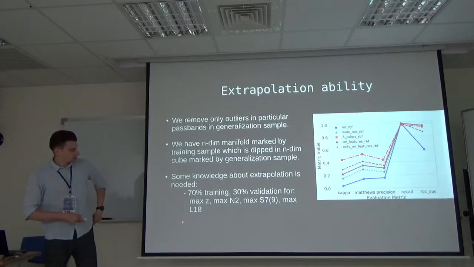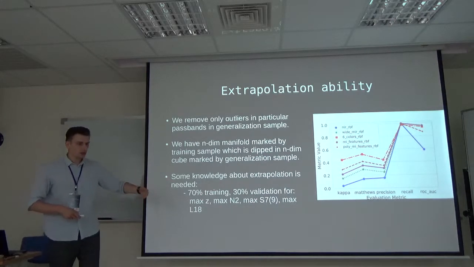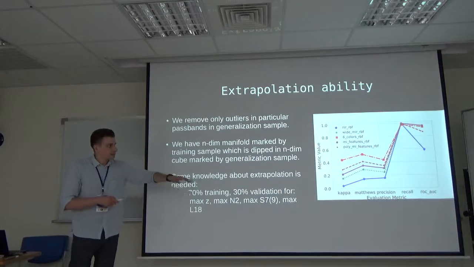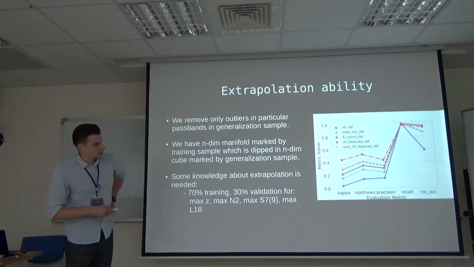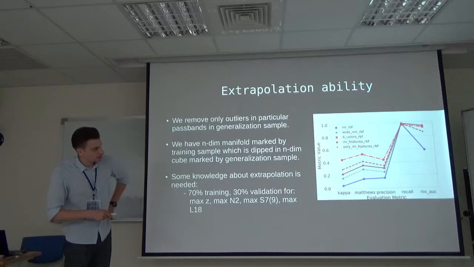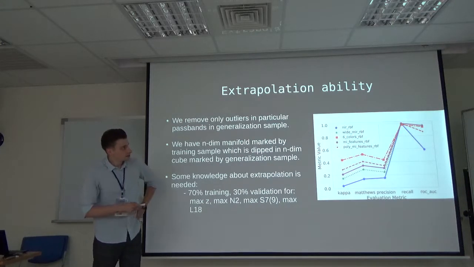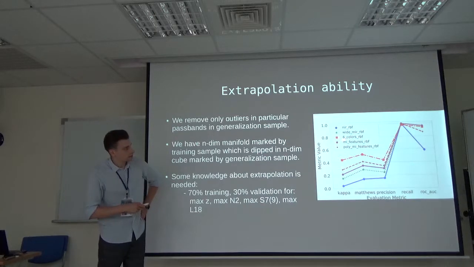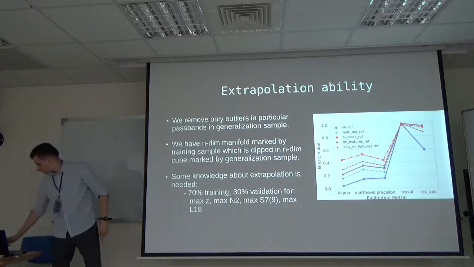So we divided our data into a 70% training set and a 30% validation set, with, for example, the faintest objects in the 2 micrometers passband. And here you see the results. Several metrics fall very badly in the case of most of our classifiers, but still the 6 color feature set gives again the best results, as was previously shown.